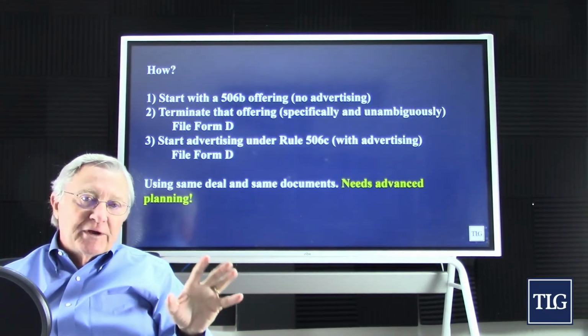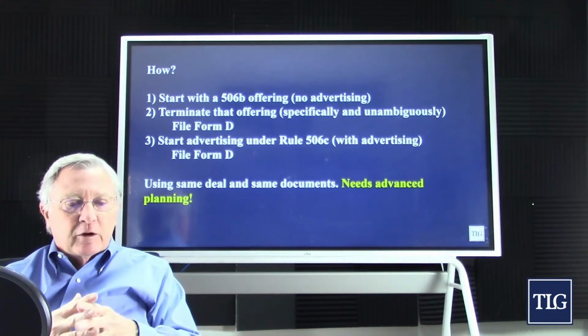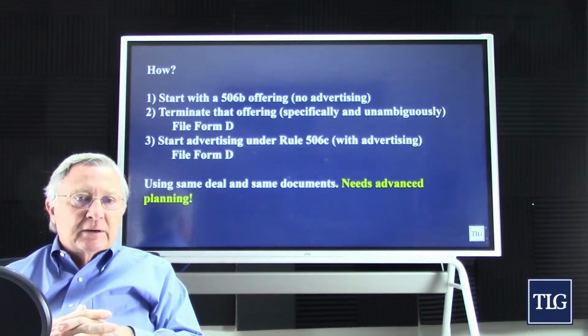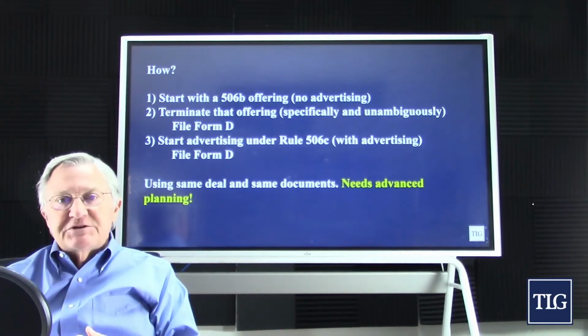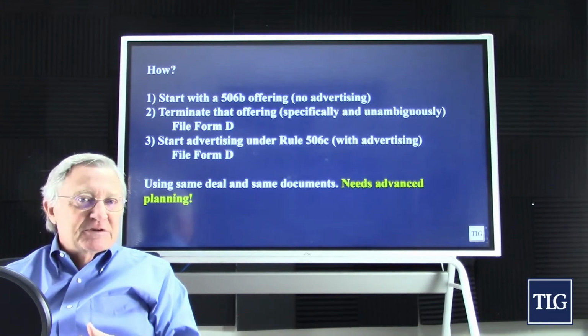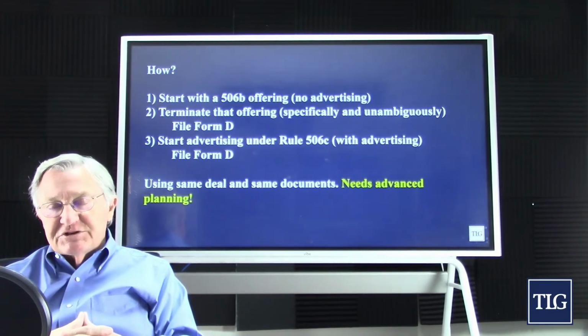So what we're going to have to do when we write your documents is spell it out that this is an offering that's going to start out under the basis of 506B, and at some time it will stop and it will go to 506C.